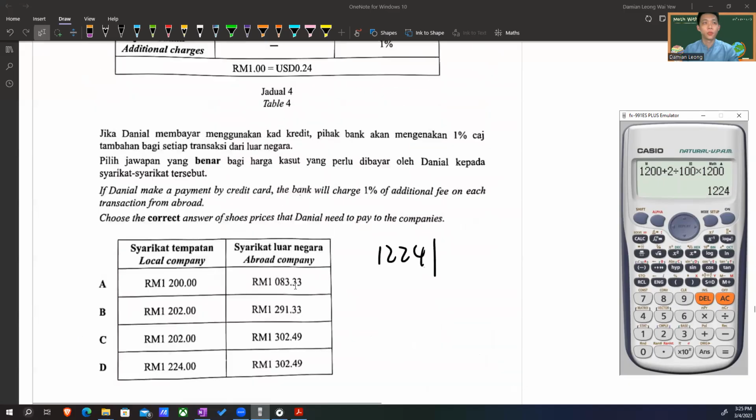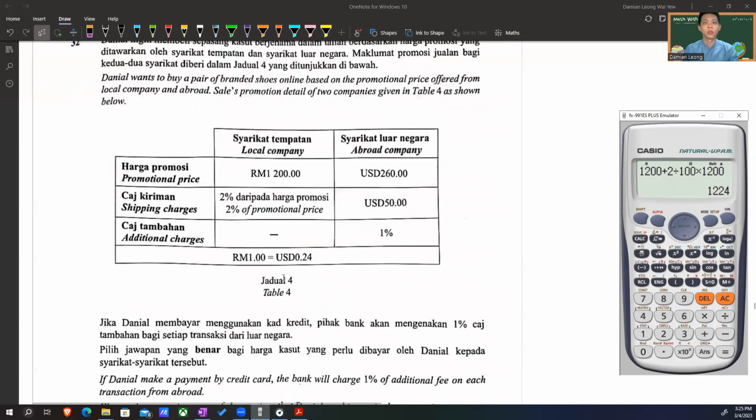Yeah, but they do give you a conversion. 1 ringgit is 0.24 USD. So if I want to convert, then I divide by 0.24. So it's basically 260 plus 50 dollars USD, an additional charge of 1% for the abroad transaction.